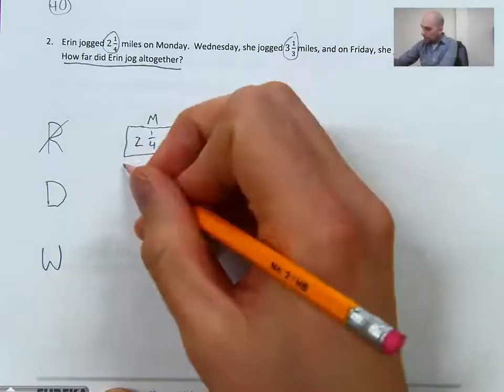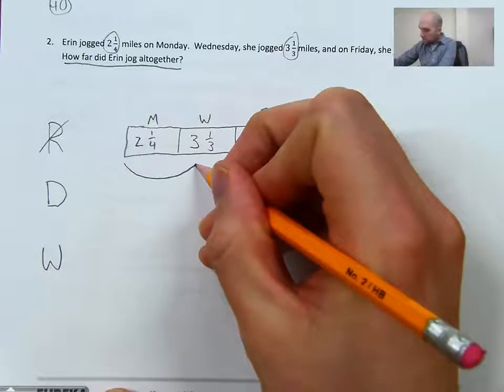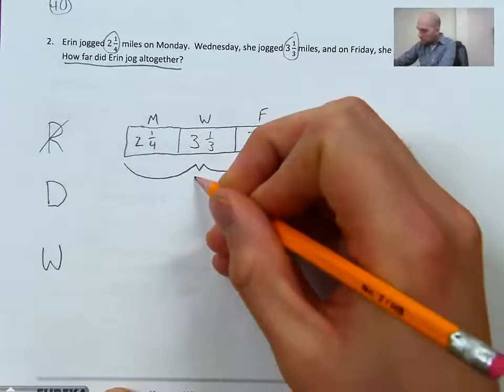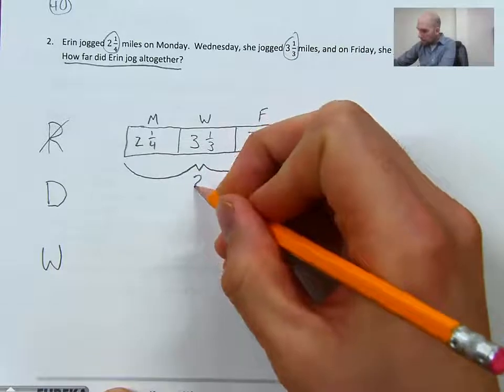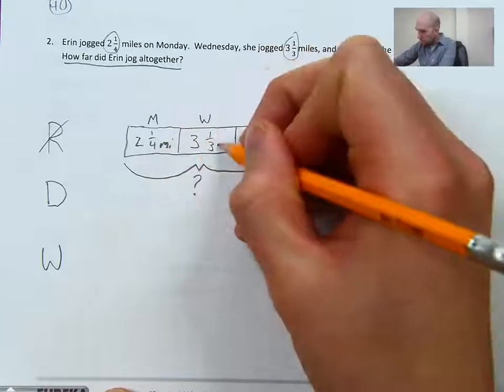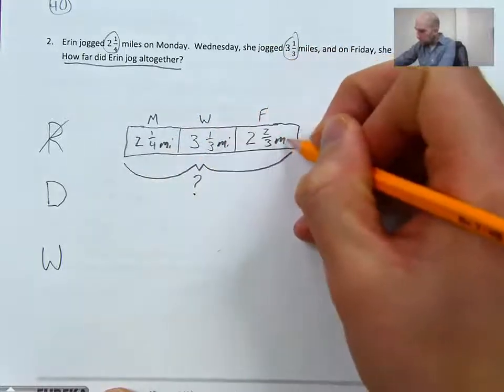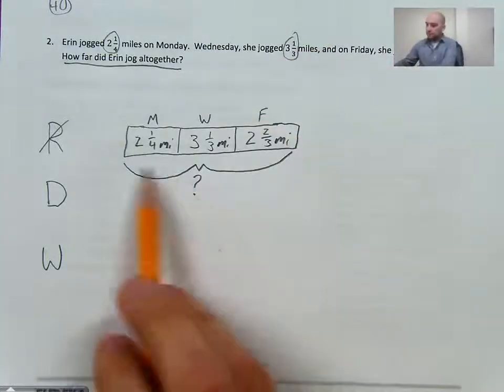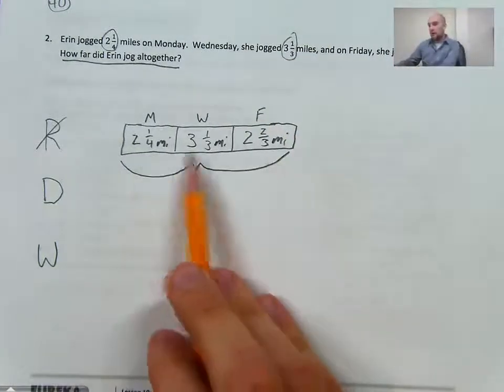Now I need to figure out all together how far she ran in miles. So I should probably put my labels in here. Miles. So we remember what we're working with. And to figure out the total, I'm going to need to add all these together.